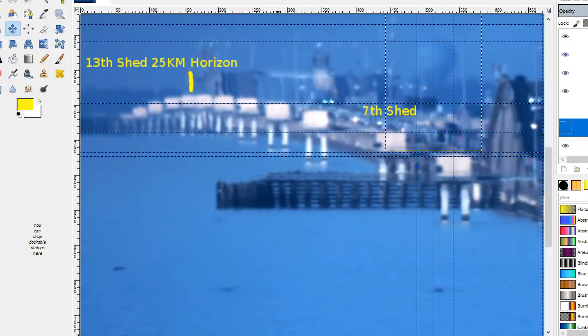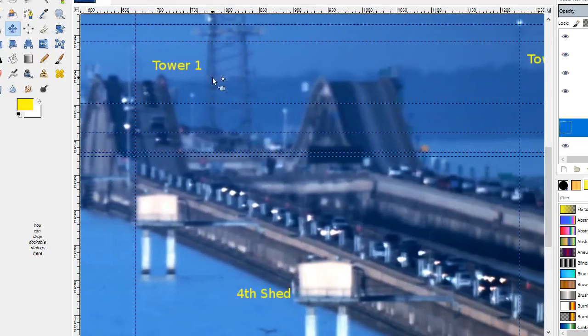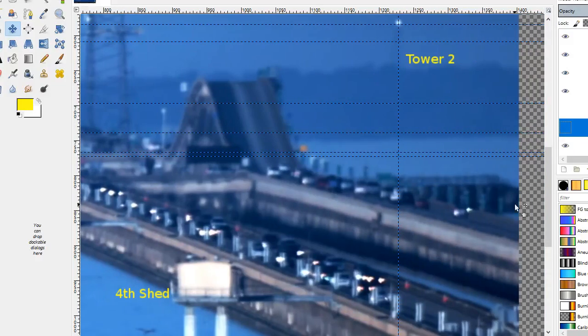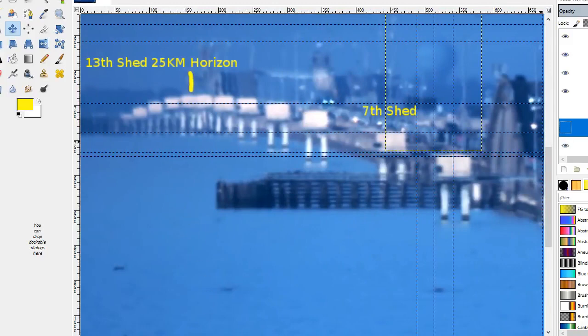Based on the pixel scale between the 2 towers, and then verified by the angle at the extreme left and right of the image, I got it pretty close to this. Should be, I think, 55 pixels. Oh, 53.